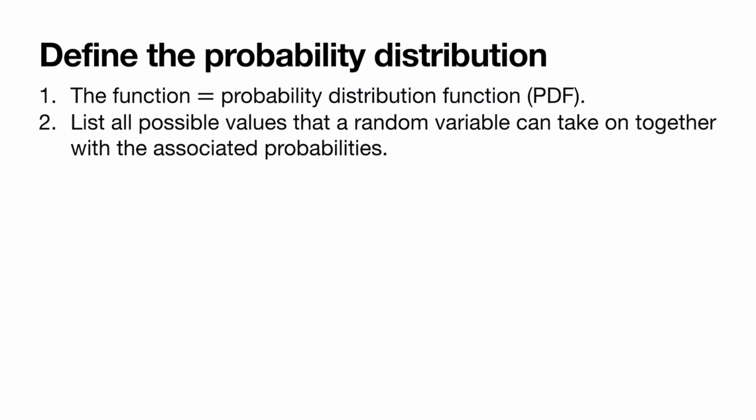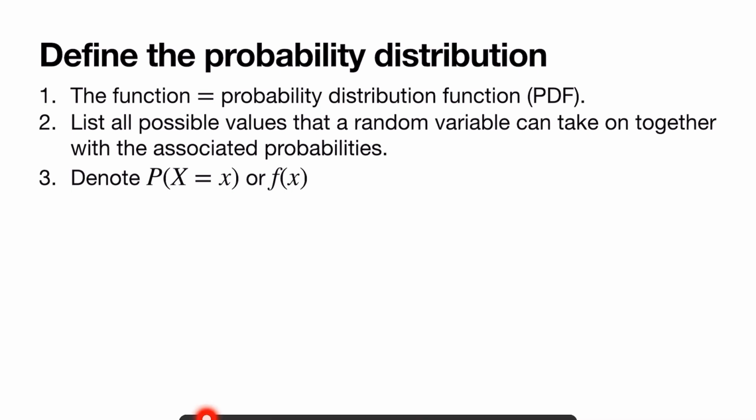From the function, we can list all possible values that the random variable can take together with the associated probabilities. We can denote it with the probability of X equals x, or f(x). Same thing. It depends on your questions. Just follow: if it uses probability of X equals x, then use this one. If it uses f(x), then use f(x).